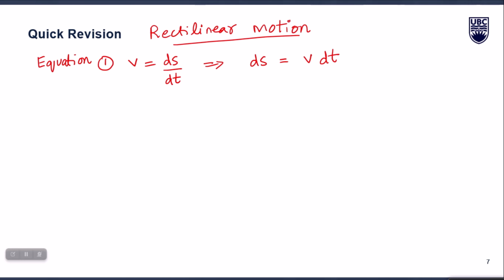And it can also be written in integral form as ds integrated from some s naught to s value, where s naught is the starting value of displacement and s is at any time instant, is equal to integration from t equal to 0 to any value t of v dt, right? So all these are the same forms of equation 1.